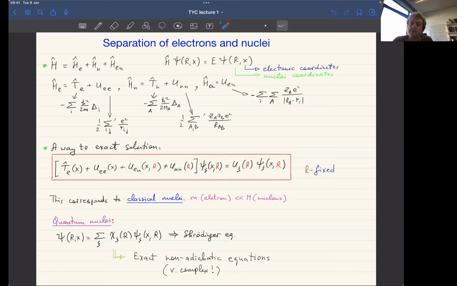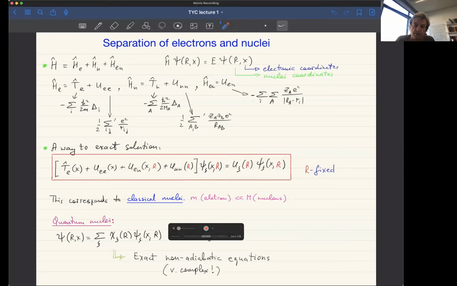And then, assuming nuclei are still classical, we'll try to discuss how to calculate vibrations using electrons as quantum particles, but nuclei is still classical. Then we will go to the quantum description of vibrations and what are the consequences of this.